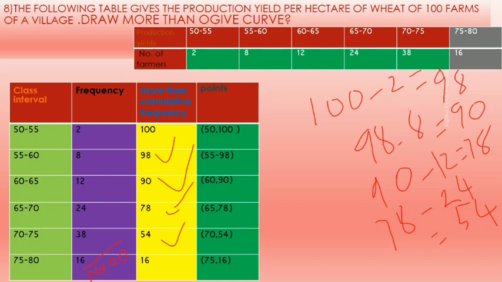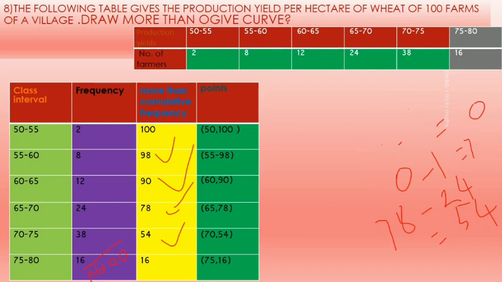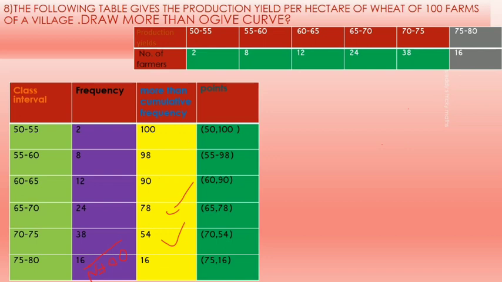So lower boundary 50 and more than cumulative frequency 100: 50, 100 is the first point. 55, 98 is the second point, 60, 90 the third point, 65, 78 the fourth point, 70, 54 the fifth point, 75, 16 the sixth point. In this way you can write the points.